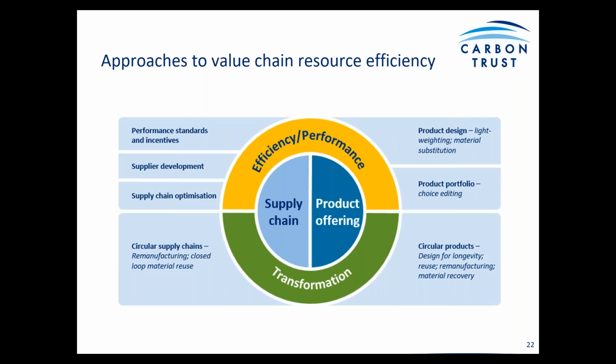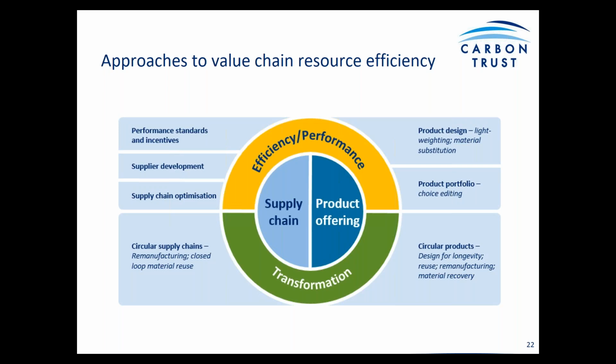On the left-hand side, we are looking at supply chain approaches, generally working directly with your supply chain partners on improvements, optimization, or more dramatic redesign of the supply chain. And on the right-hand side, we're looking at interventions based on an organization's products.